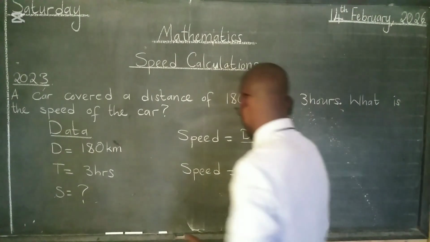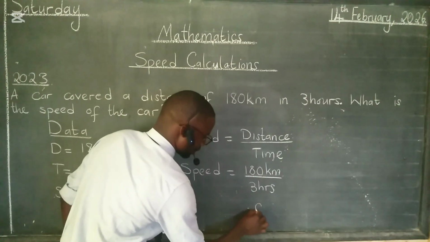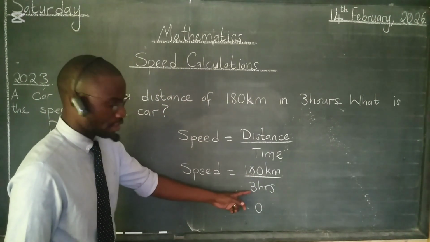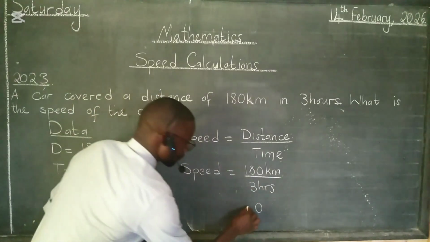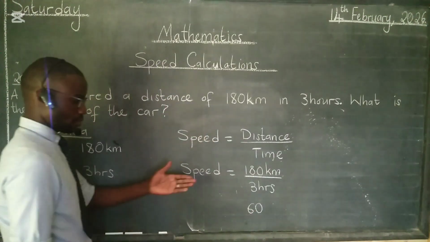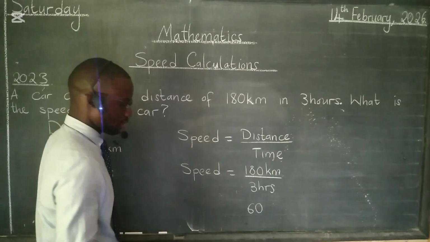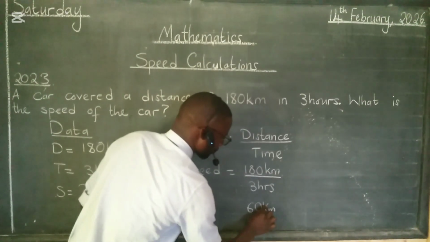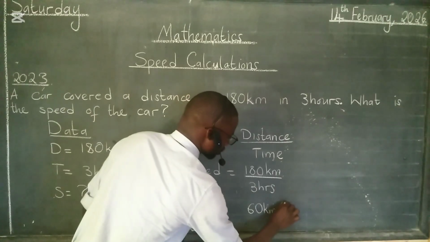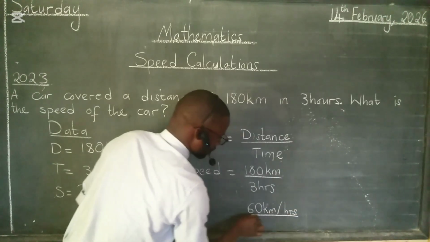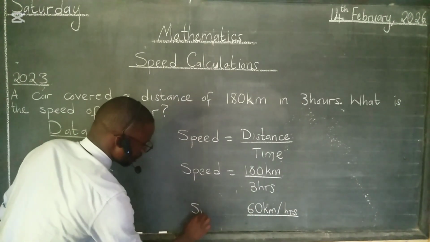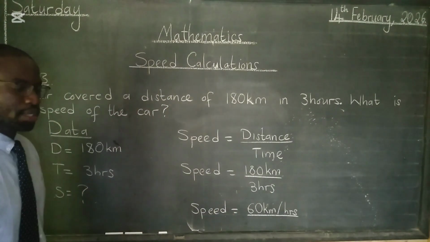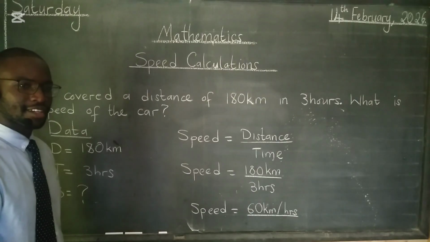Or you can just take the 0 and write it down here in advance. Then you just do 18 divided by 3, which is of course 6. Then with the 0 there, it will be 60. And the unit km/HRS, like that. So our speed is therefore 60 kilometers an hour.